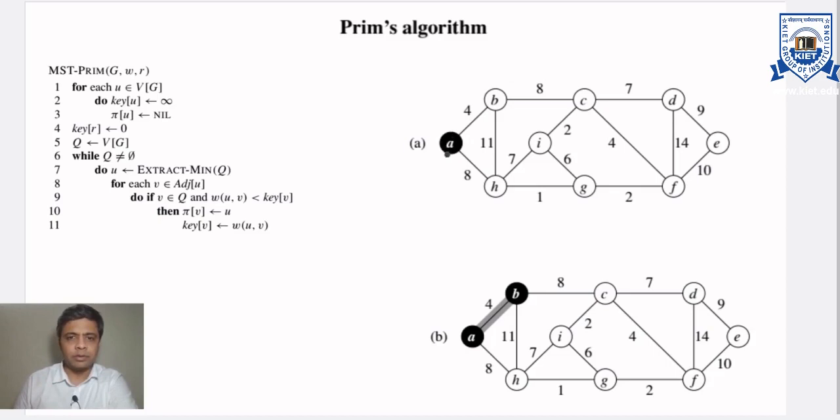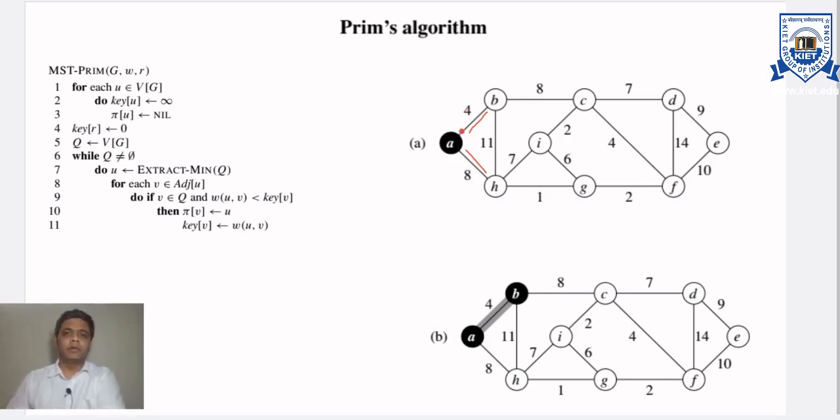Once we start with A, we simply consider the edges which are directly connected to node A. There are only two edges, AB of weight 4 and AH of weight 8. So pick the edge which has minimum weight among these two.